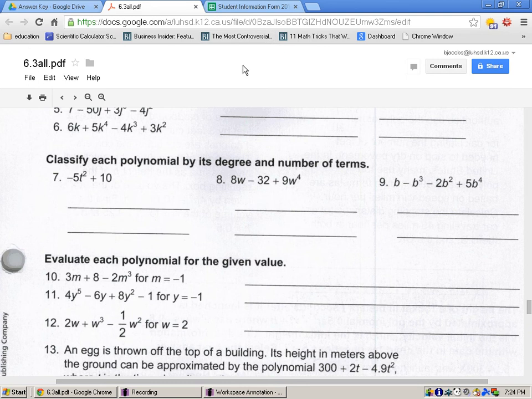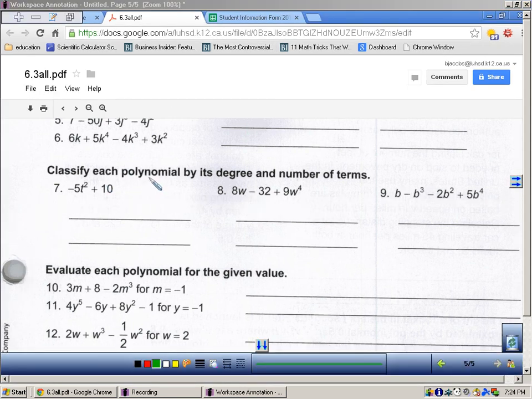If they're not, here we go. I'm going to classify them really quick. How do you classify a polynomial? Well, first of all, you want to look at your power. Since it has a degree of 2, that's the highest power, we call that a quadratic.